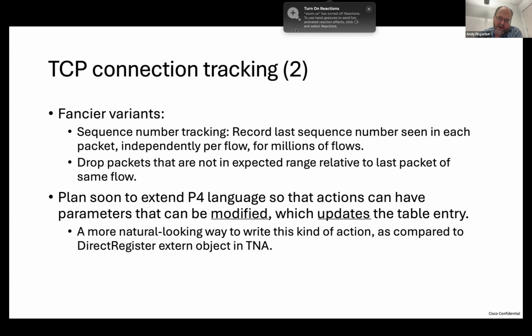And you'd like to drop packets whose sequence number is not in an expected range, like not in the receiver's window, for example: from the last sequence number up to the last sequence number plus a window size. It would be the range that would be common, or maybe a little bit larger than that.